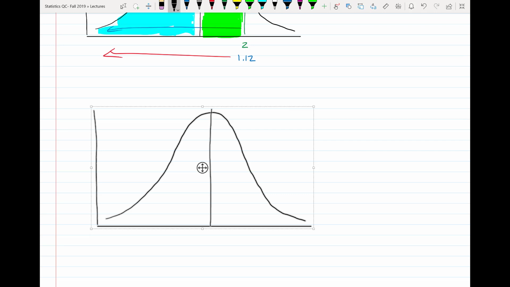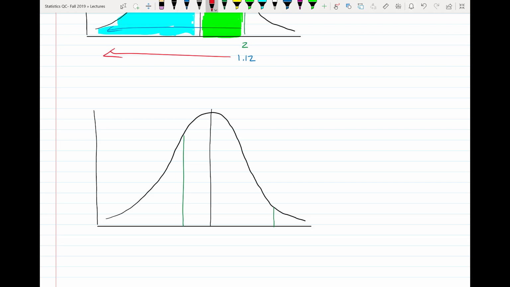Okay, let's take a look now at one more kind of z-score type problem. We want to know the probability of getting a score between two values. I hope you can imagine now how you would figure this out.